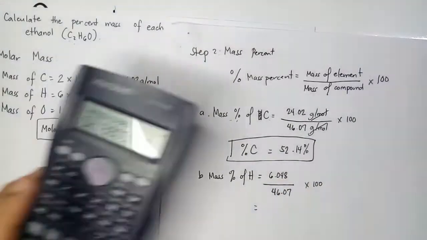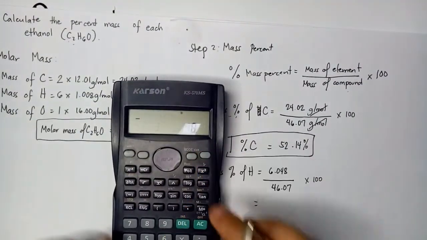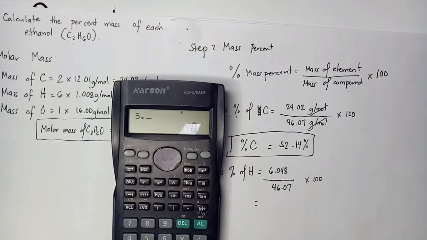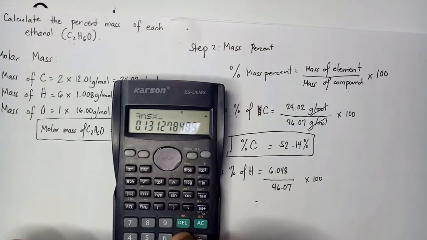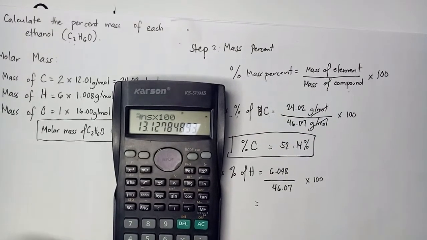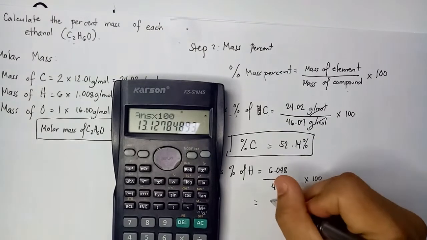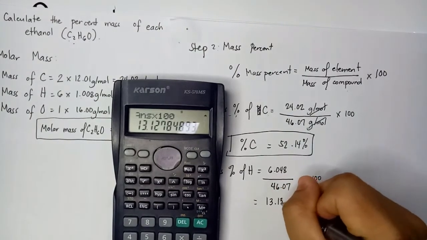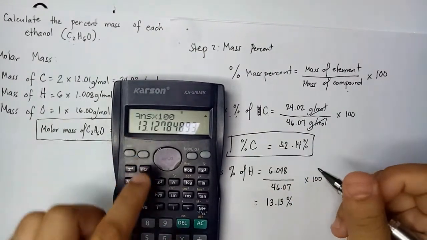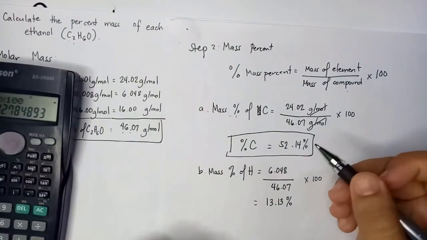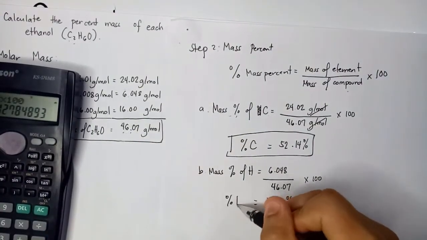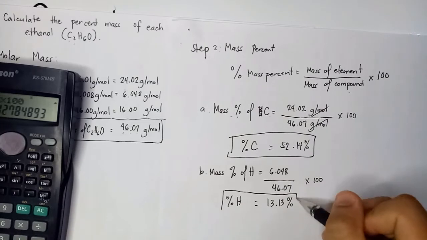Using a calculator, let us compute: 6.048 divided by 46.07 times 100. So we have 13.13%. Round off natin yun. So meron tayong percent of hydrogen.